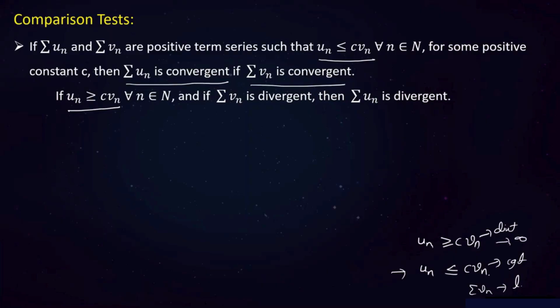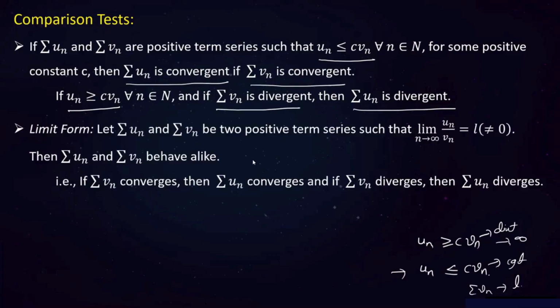Look at this. Vn here is a smaller series and un is a larger series. When a smaller series itself approaches infinity, can't you expect the larger series will also approach infinity? So when summation vn is divergent, then obviously the larger series is also divergent. So this is how we can have one type of comparison.